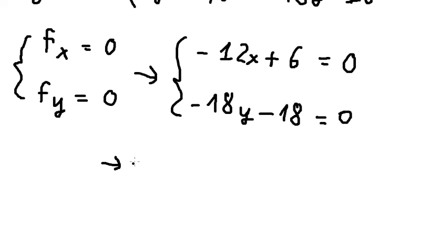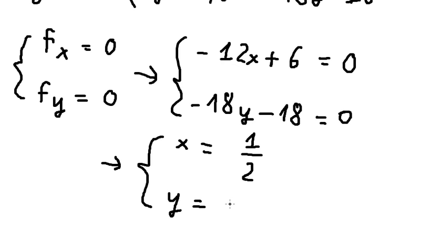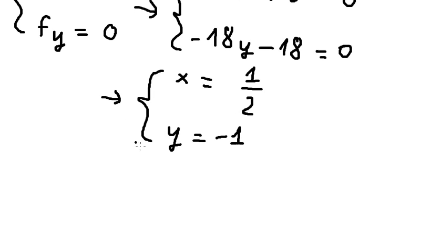So we can find the value of x and y. So we have x: we put number 6 to the right and we divide both sides by negative number 12. So we have 1/2. This one we have y equals to negative number 1. And now we have only one point x, y.